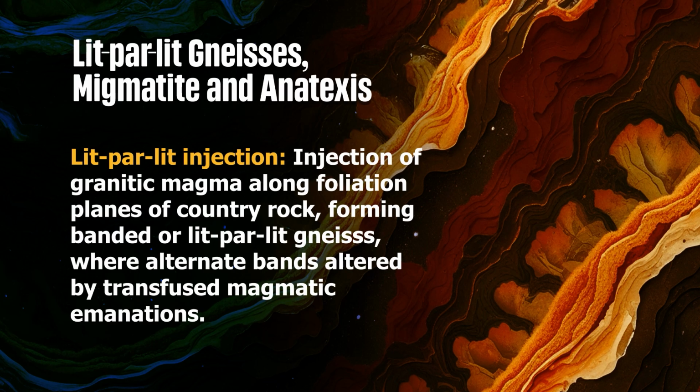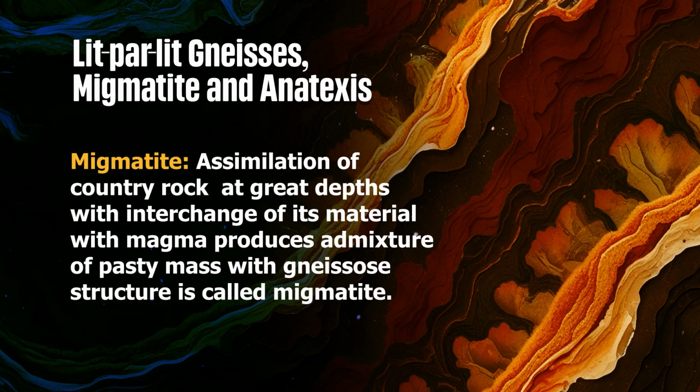Mostly the migmatites are formed. What are migmatites? Migmatites are formed by assimilation of country rock at great depths with interchange of its material with magma, which produces an admixture of pasty mass with gneiss structure.